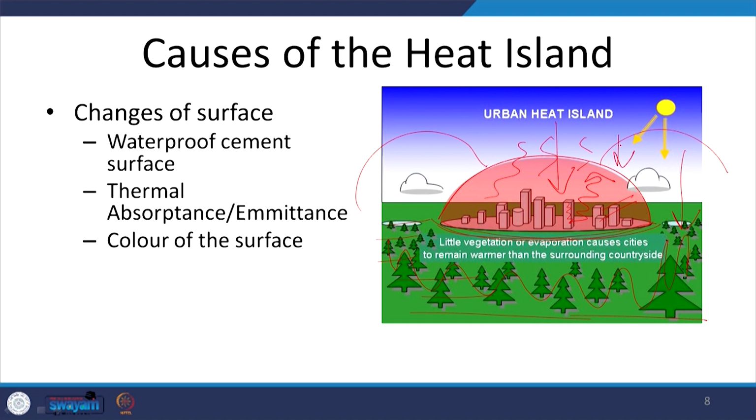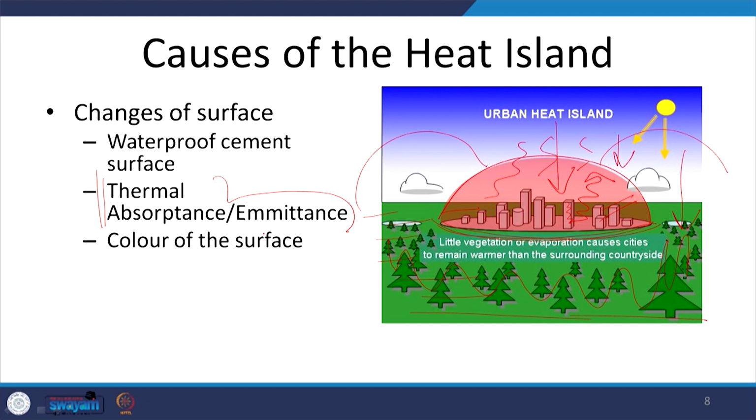These hard surfaces have thermal absorptance and emittance that play a role, when I talk about the green cover versus the built cover, and within the built cover, the different kinds of materials will have different thermal properties, the amount of heat that they absorb and then release later. On the basis of that, the temperature variations would come into place and the heat island intensity would vary.